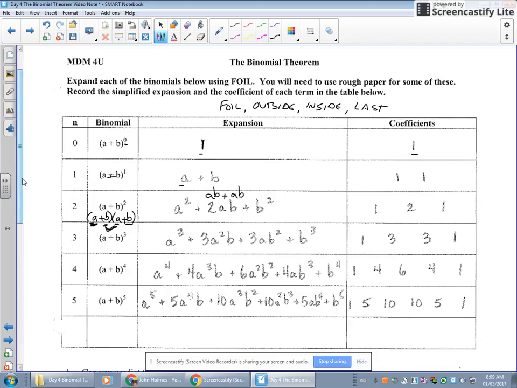We can see that ab plus ab simplifies to 2ab. And then the last two would be b times b, or b squared. So what are the coefficients? In front of the a squared, it's implied that we have a 1. In front of the ab is a 2, and in front of b squared, again, we don't write it, but it's implied that there's a 1. So our coefficients become 1, 2, and 1.